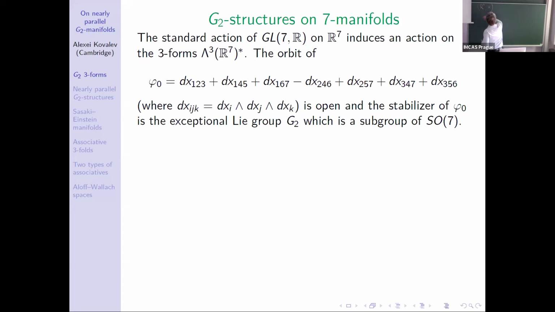So that's a cross product algebra. And then the group which preserves this cross product structure, G2, is exactly the stabilizer of the cross product.